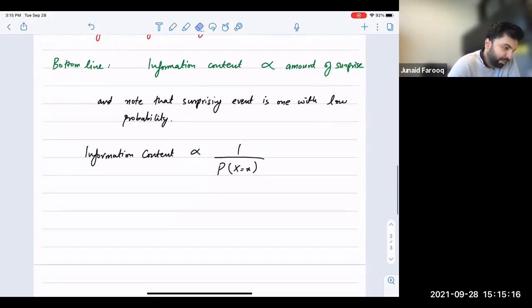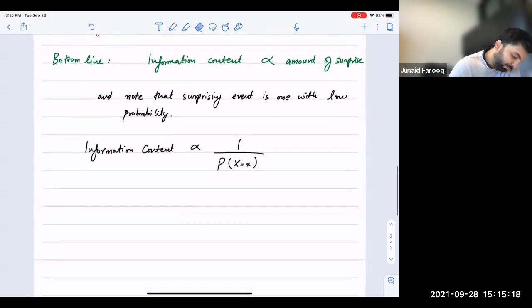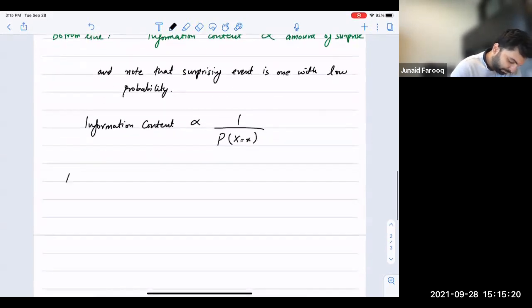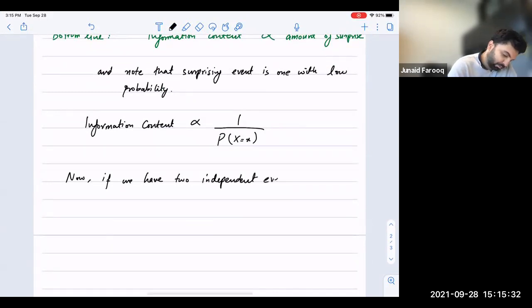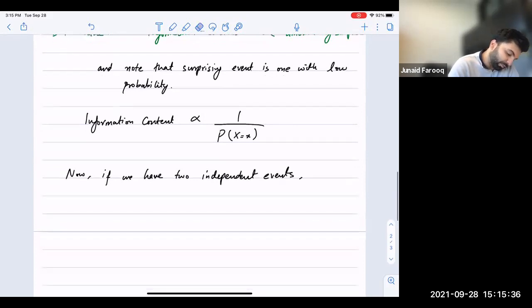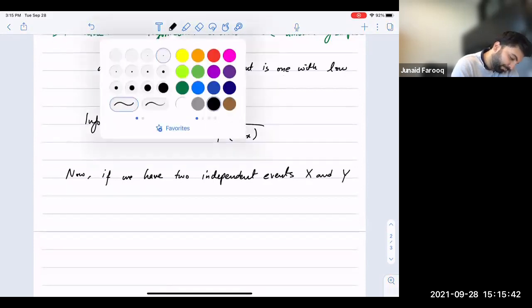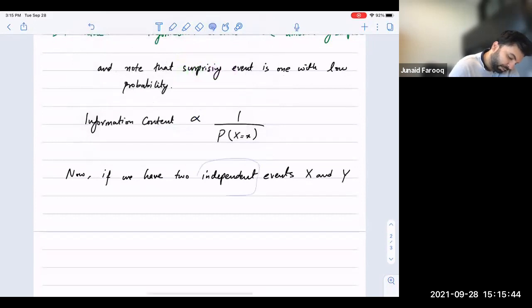Now, if we have two independent events, let's call them X and Y, right? And note that they are independent.